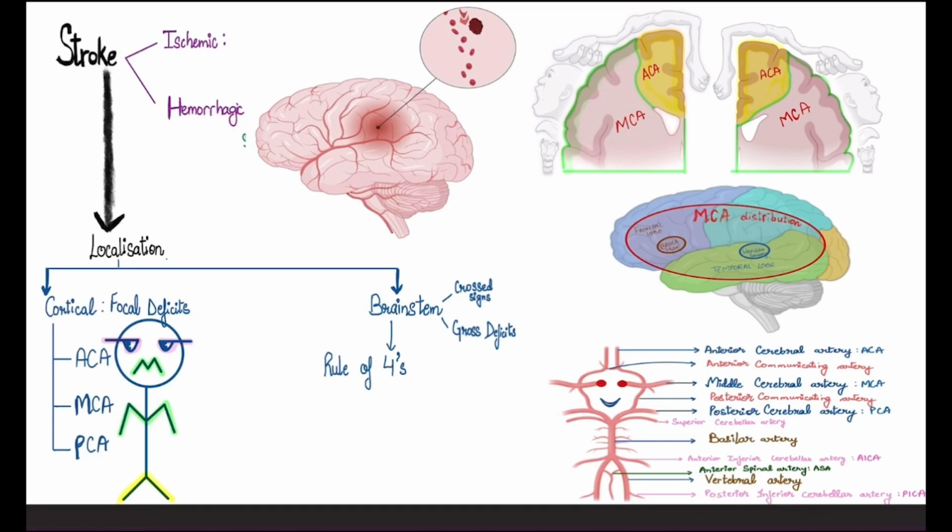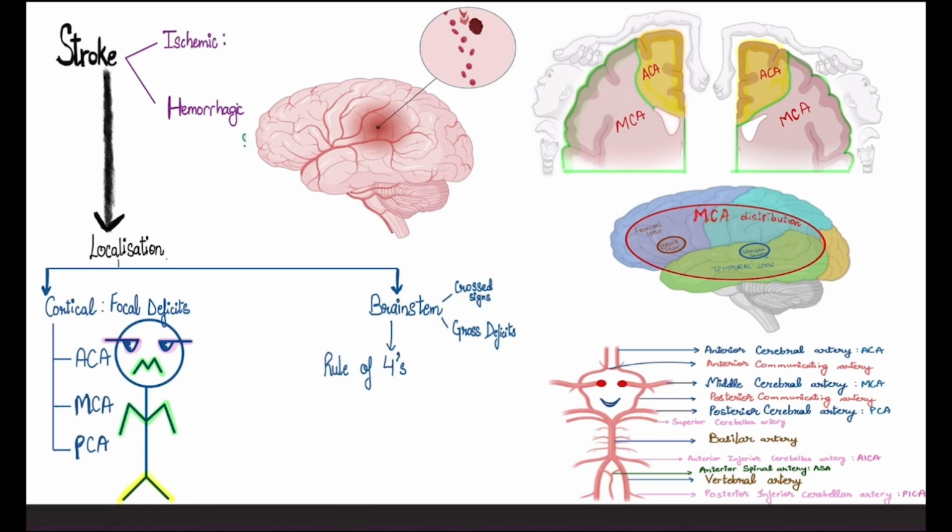Strokes can be broadly localized to either the cortex or the brainstem. Now, the cortical lesions present with focal deficits, like an arm weakness or a leg weakness, while brainstem lesions tend to show gross deficits, such as hemiplegia. And also, with brainstem stroke, you will often find crossed signs.